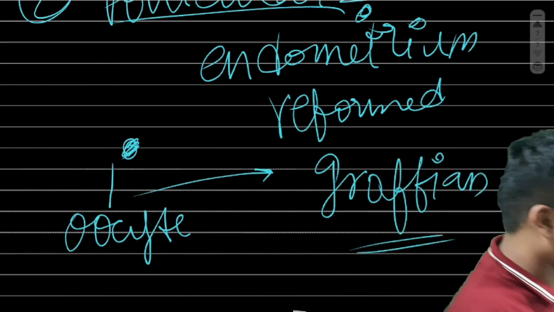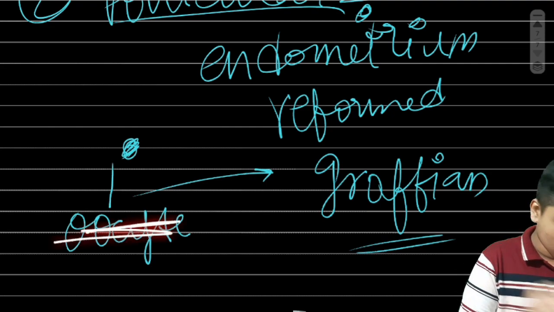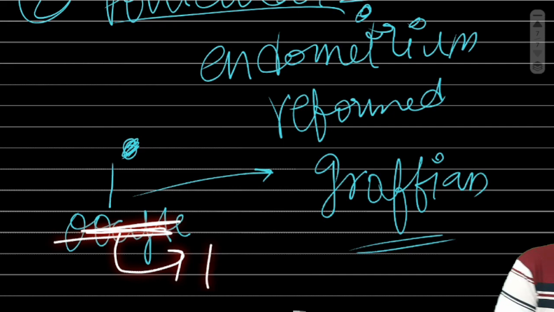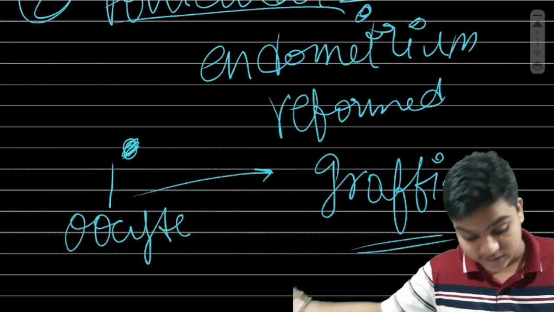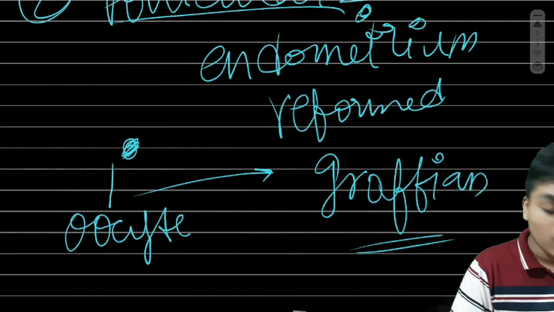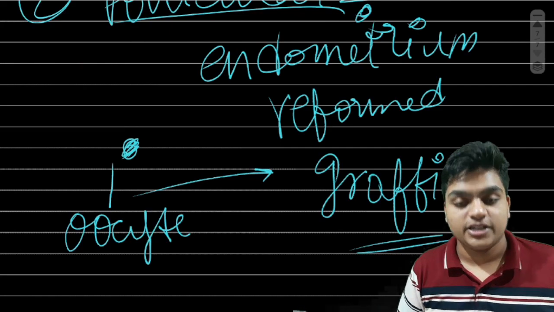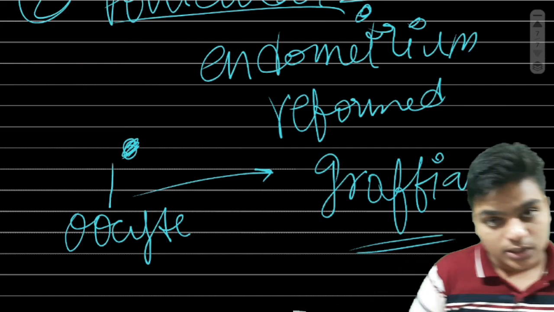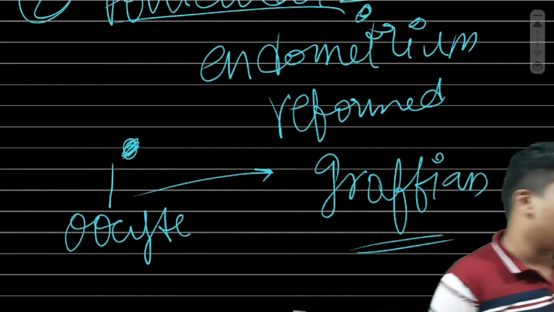The primary oocyte turns into a primary follicle, and this primary follicle goes up to the Graafian follicle stage, and that is why this is called the follicular phase, and the proliferating phase due to the proliferating uterine endometrium.